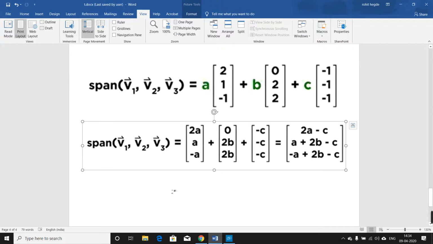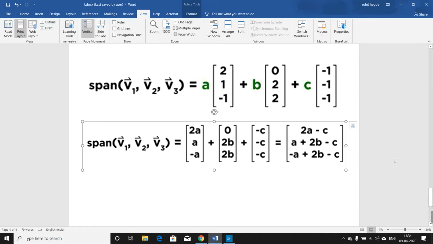The span will always satisfy that. The span of any vectors is a subspace. The vectors in the span may not be contained in the subspace, but the span of any vectors is a subspace. I think you understood this.